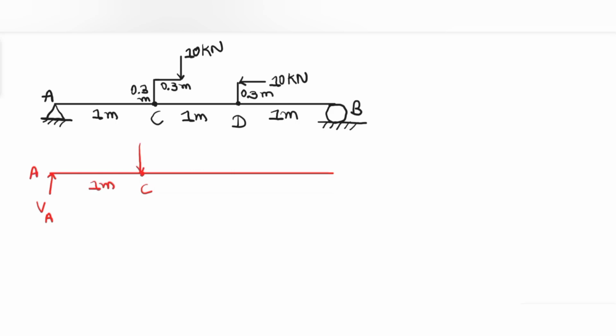The 10 kilonewton load will act at point C, and along with it a moment will also act, because when the load is given like this, it will also produce a moment which will be equal to 10 into 0.3, 10 into perpendicular distance, which is 10 into 0.3, so it will be 3 kilonewton meter.